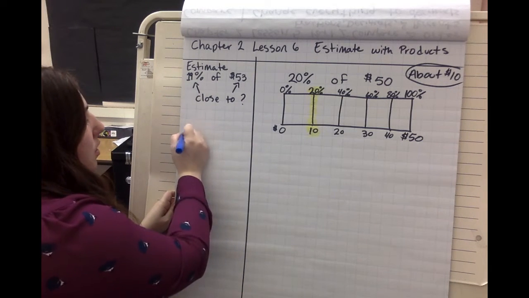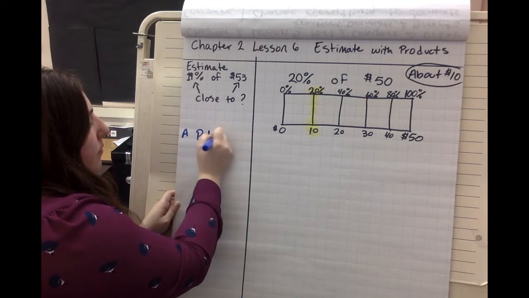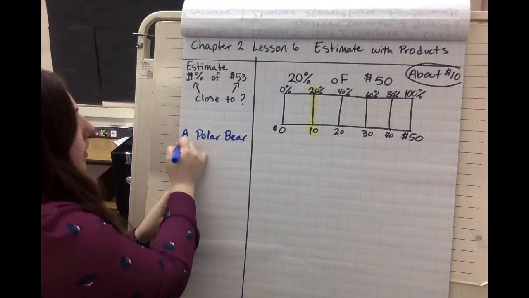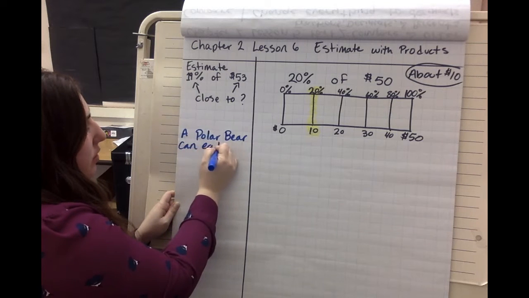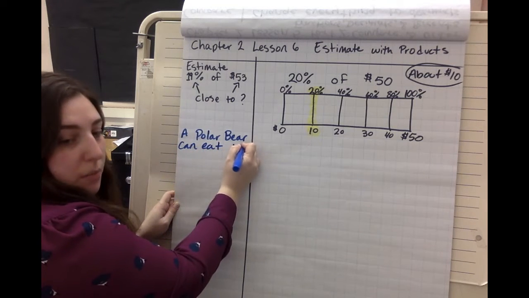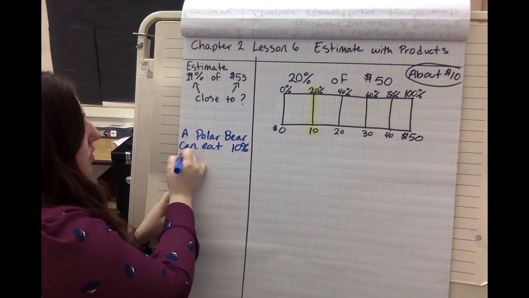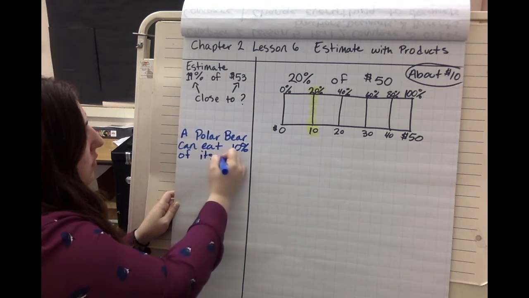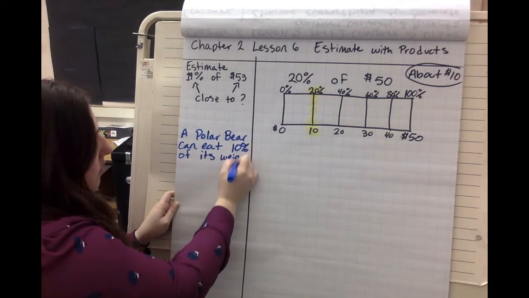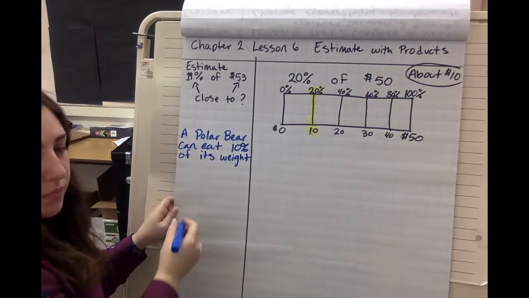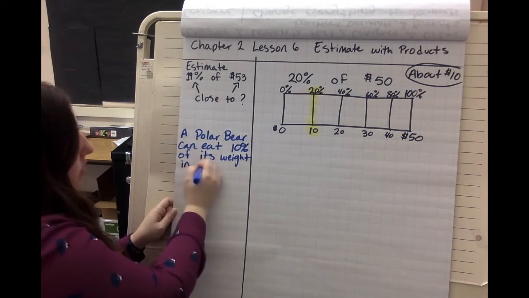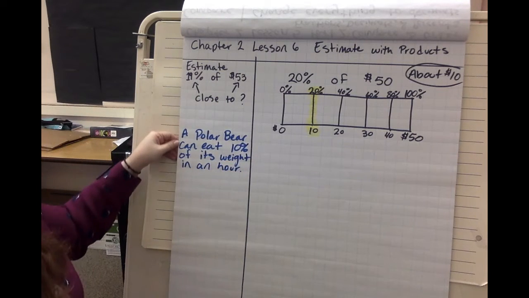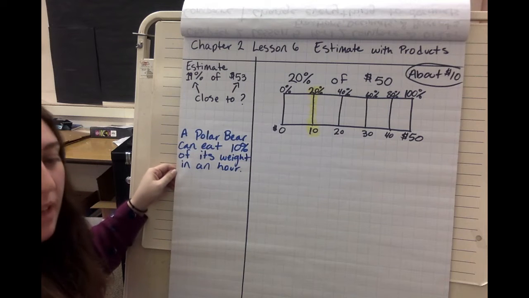So a polar bear can eat 10% of its weight in an hour.